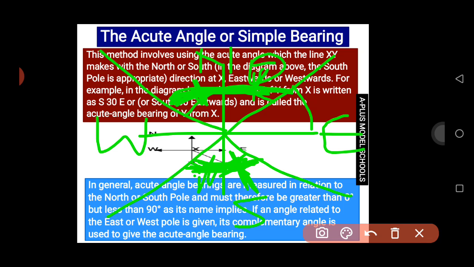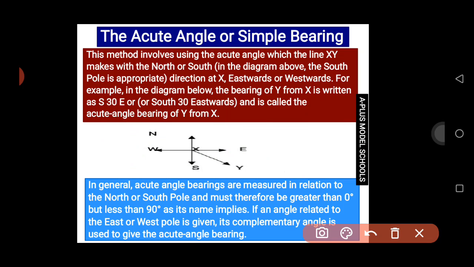But when you look at the other two angles, you will see the two angles are with neither south nor north. So when you are given any of these angles, you make it a complementary angle. That is, you subtract the angle that is not with the south from 90 degrees. We are still going to look at those when we are dealing with our examples. So when you are talking about acute angle bearing, that is the angle it makes with either north or south.